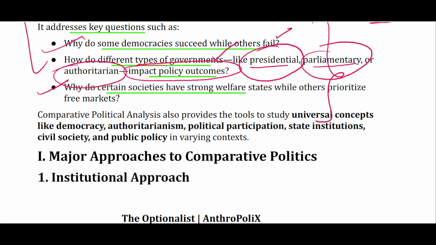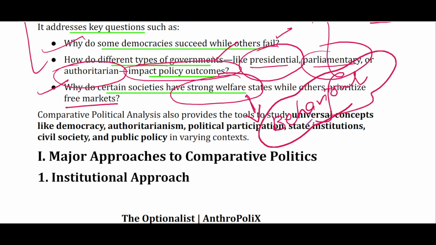Then the third question addressed is why certain societies have strong welfare states while others prioritize free market. So in short, it studies certain behavior that applies at pan country level.